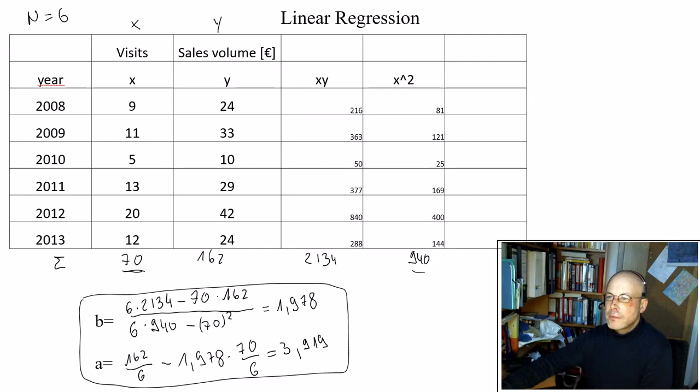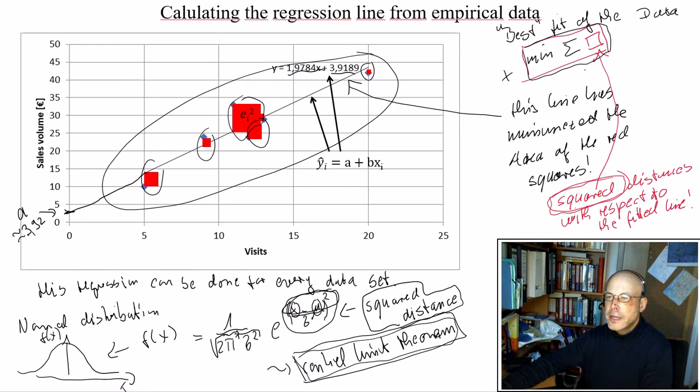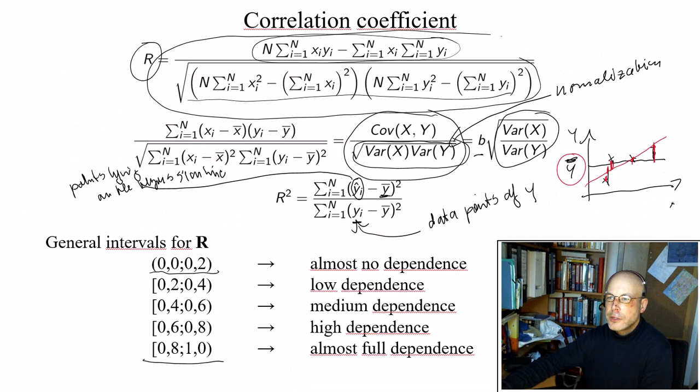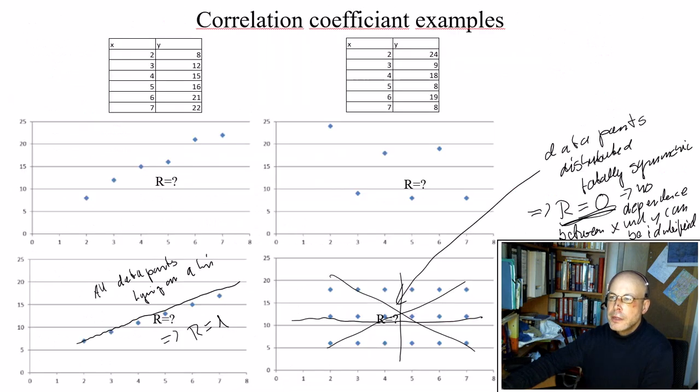And of course, it could be the case, and this I showed you just here, that the data is distributed with a high volatility, like in this case, or it could be quite in the neighborhood of my fitted linear line.